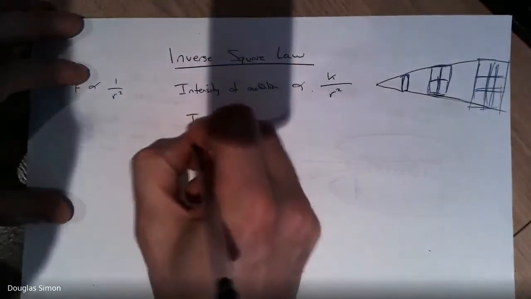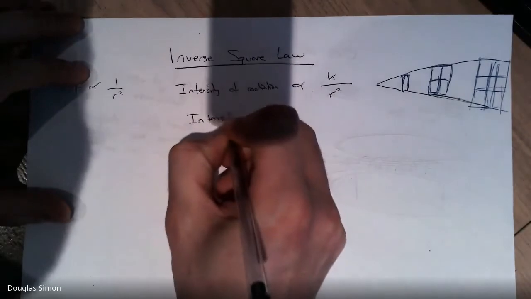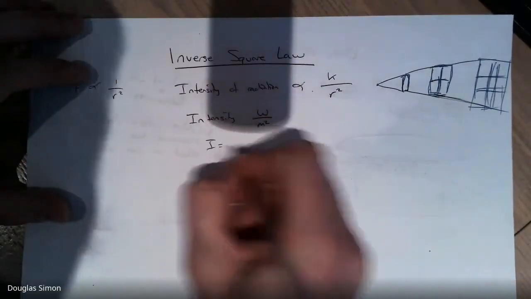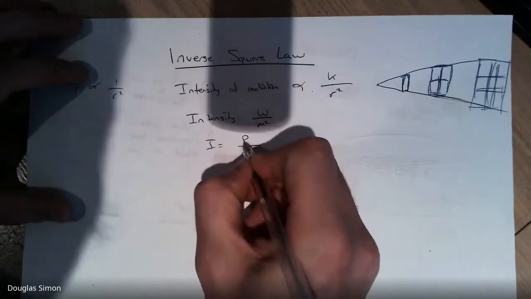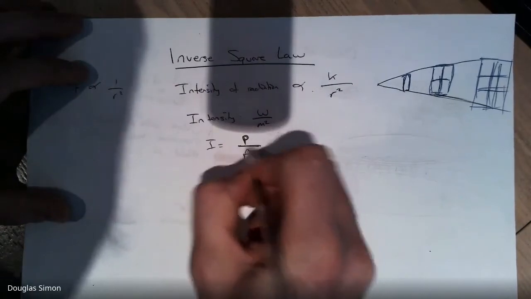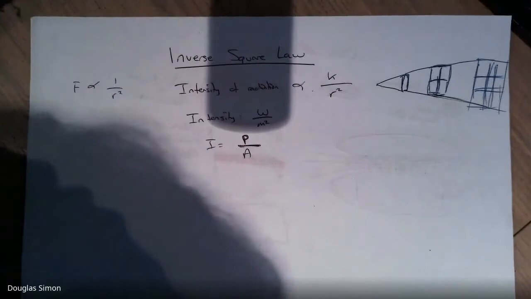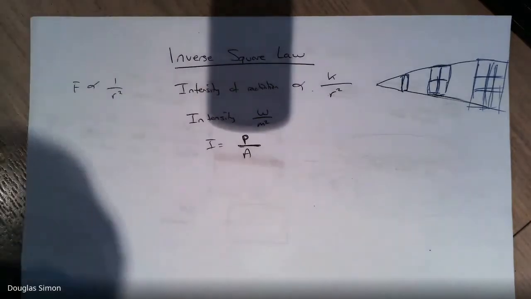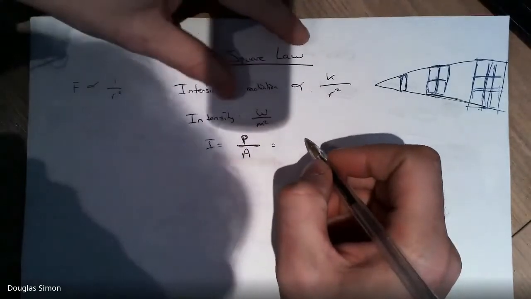Intensity has units of watts per meter squared, which means that intensity is equal to power over area, which I think again we know. But this is useful when we're talking about radiation, because then we can write it in terms of what we know about a photon.